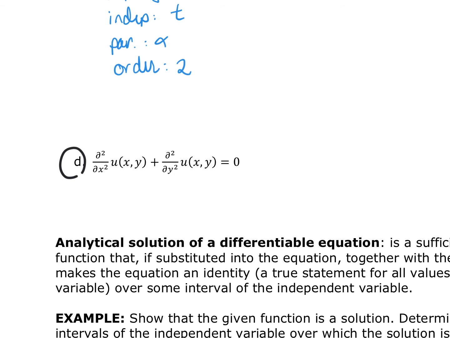And so what is my order on this one? It's an order of 2. I see it here, and here, and here, and here. Even if this didn't have that 2 there, it's still an order of 2 because it is the highest derivative that we are looking at.